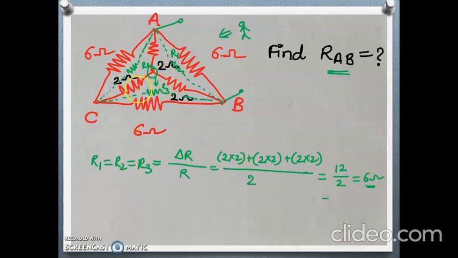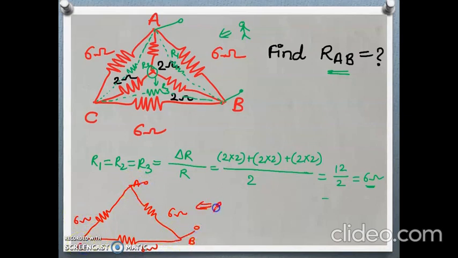Now let's redraw the circuit. Here this is the outer delta we have, with 6 ohm, and this is also 6 ohm. This is A point, this is B, and this is C. We want this RAB.